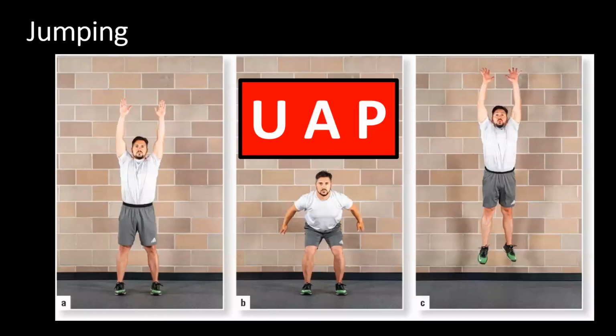So if we transition that to plyometrics, things like jumping, we load into the universal athletic position in order to jump. Okay, we also land or should land within the universal athletic position or the UAP.